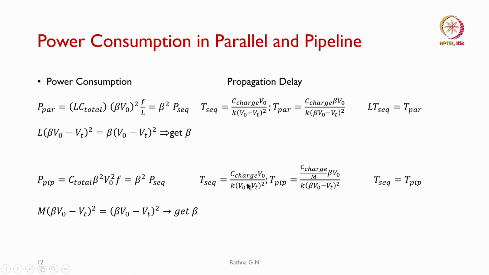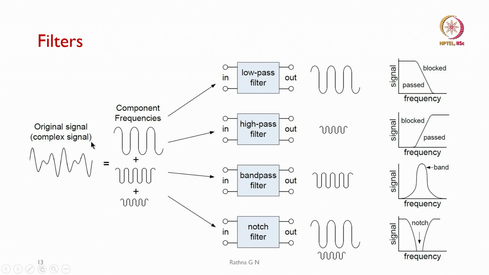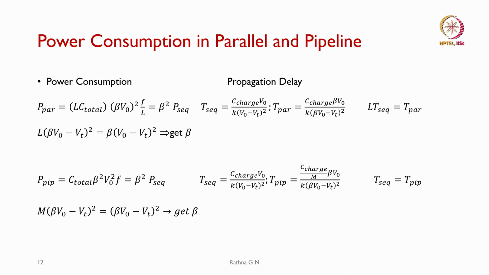The propagation delay equations have been given, and we will be solving for L and M values, and we can combine both pipeline and parallelism to get L by M as the operating voltage of our circuits.